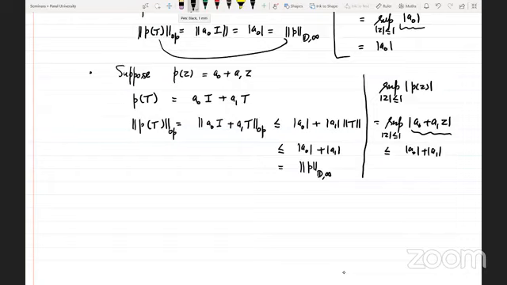So I want to find a Z such that it becomes equal to this. What I will do, I will choose Z to be some e raised to i theta, and I will tell you what e raised to i theta is.